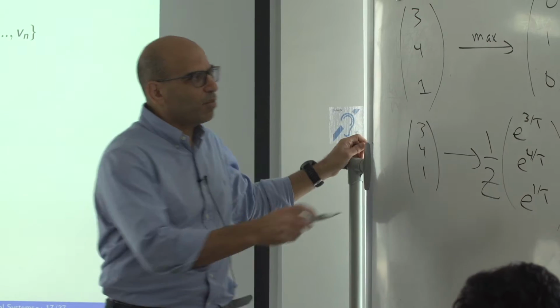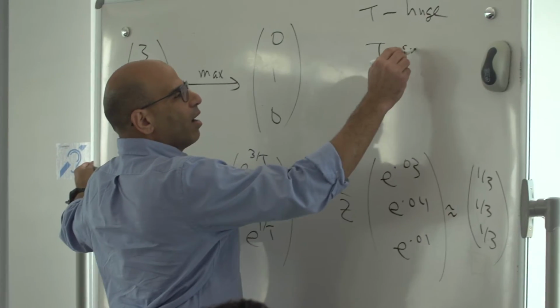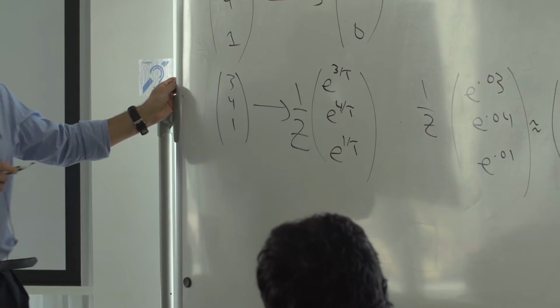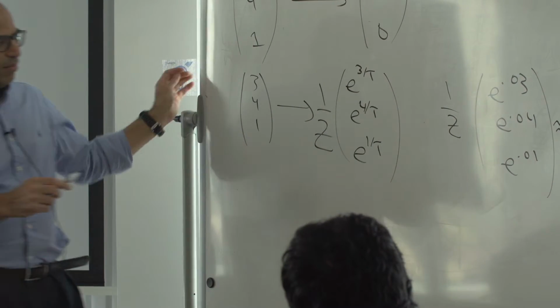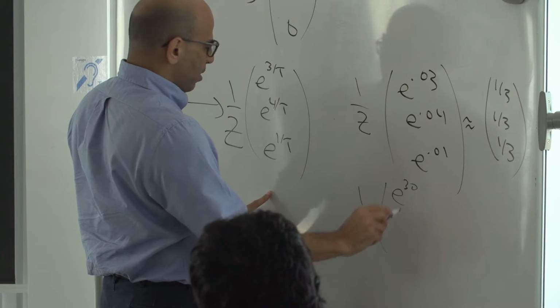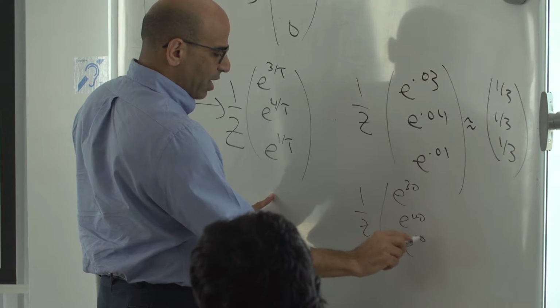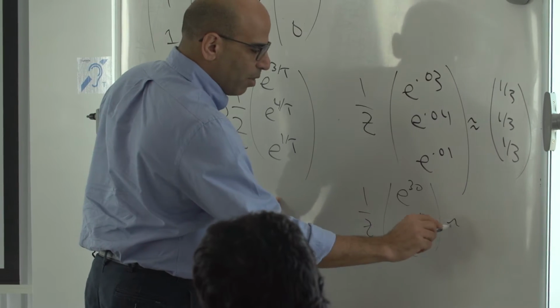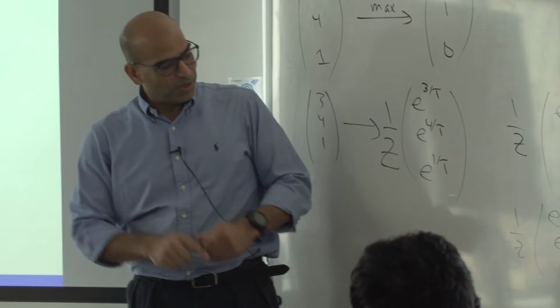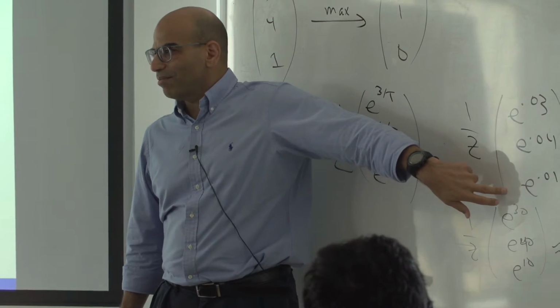Now what happens when the temperature is small? Let's, for example, have t be 0.1. This is 1 over z, e to the 30, e to the 40, e to the 10. This approximately equals 0, 1, 0. Right? Because e to the 40 is a whole lot bigger than e to the 30.